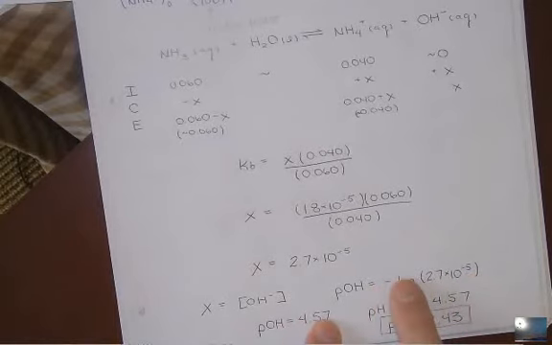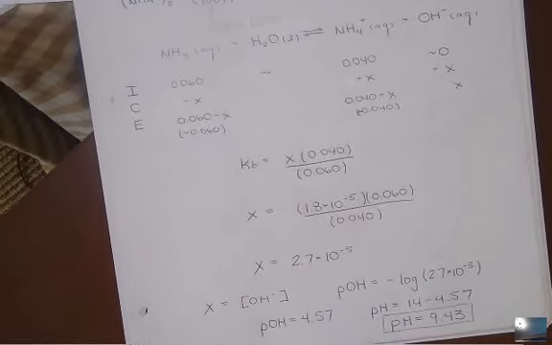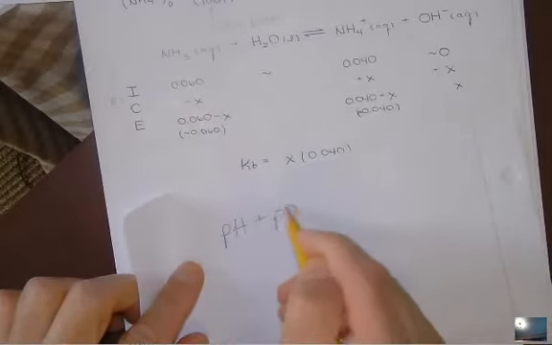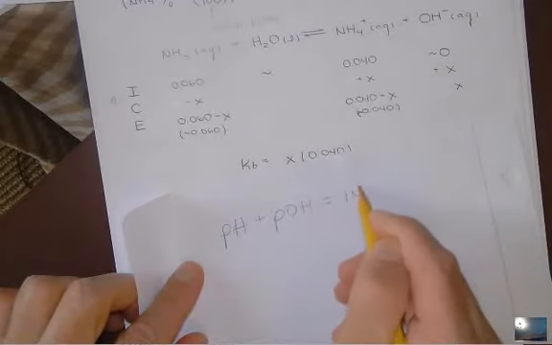Then the negative will cancel out. So the pOH value will be positive. If the pOH is 4.57, what's the pH? Well, we know this very important equation. pH plus pOH is always equal to 14.